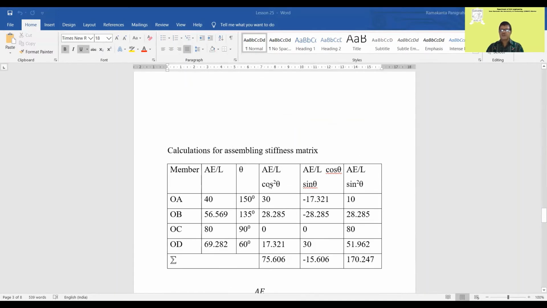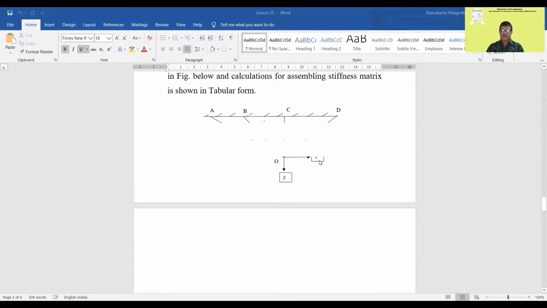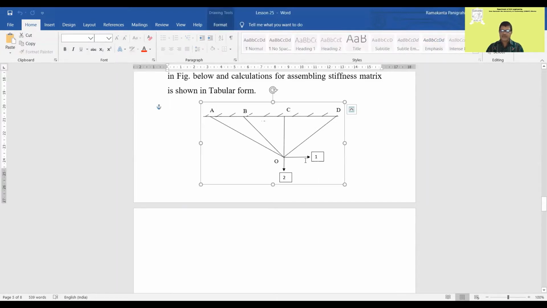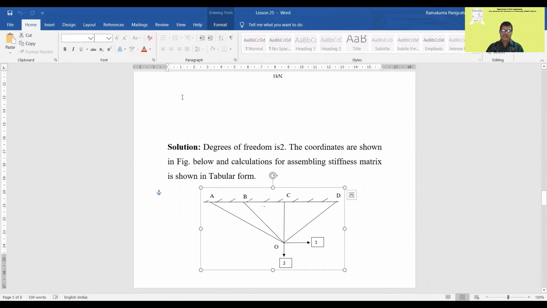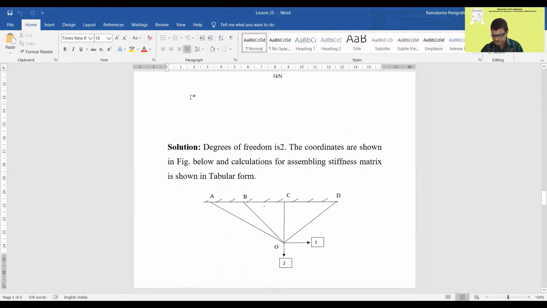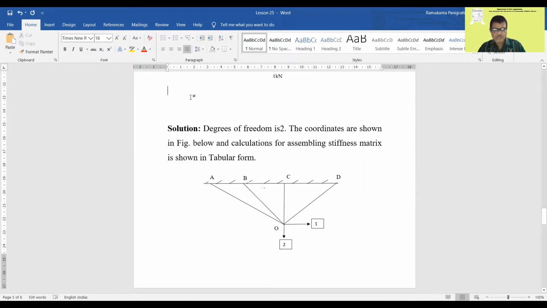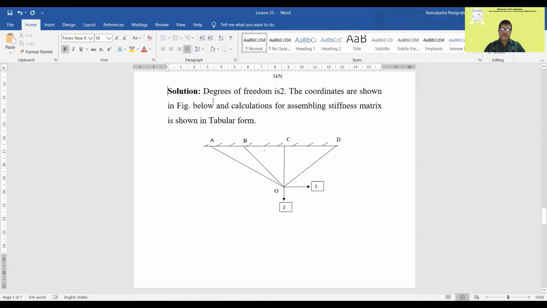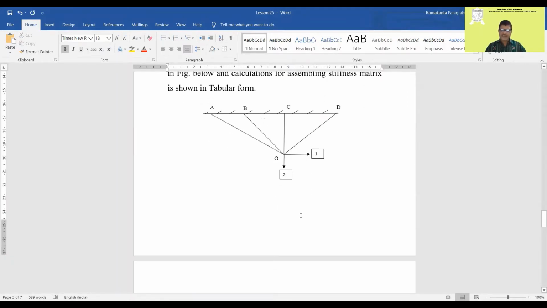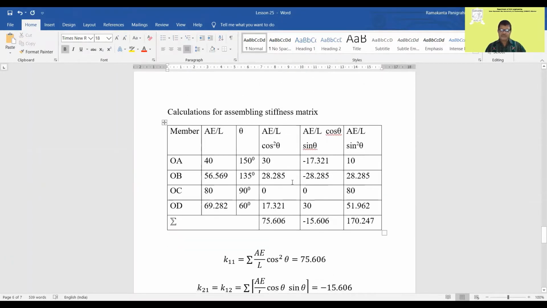Applying the load in direction one, one means horizontal. If you apply it in the horizontal direction, then you will find K11 is AE by L cos square theta.